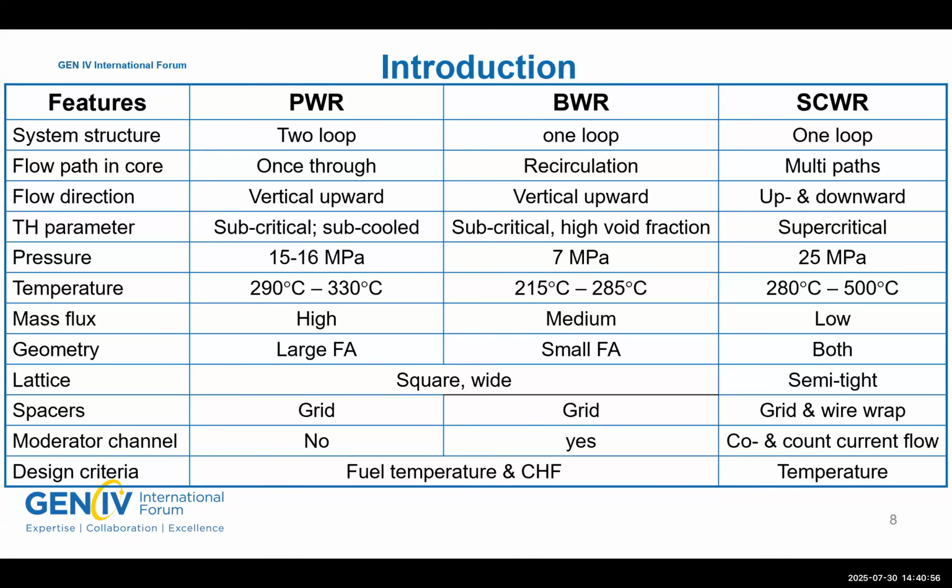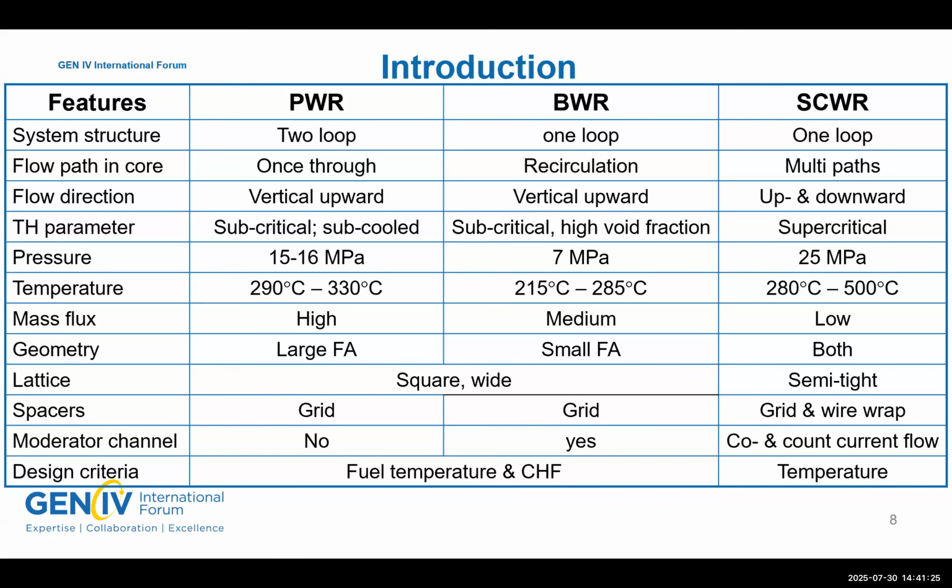And you will see the SCWR has a multi-pass coolant flow in the core. And if you see the flow direction in the core, in the PWR it is vertical upward, in the BWR it is also vertical upward, but in the SCWR it is up and down. So this may bring some challenges to the thermohydraulic design of the SCWR.